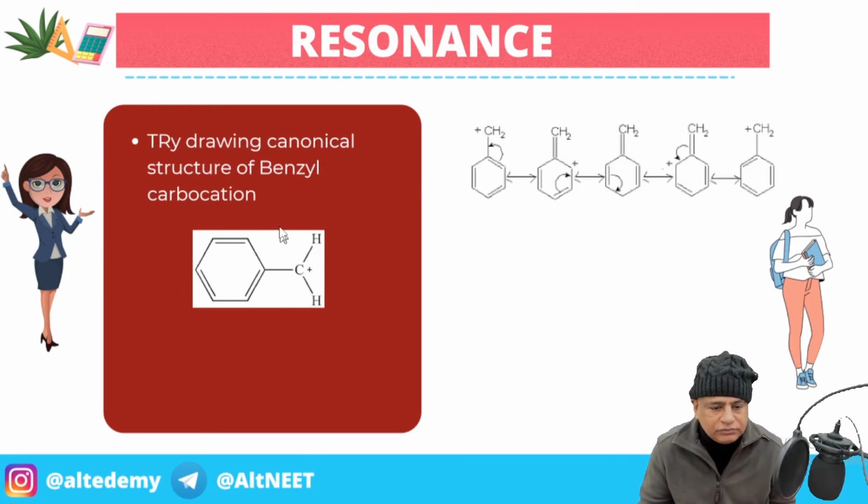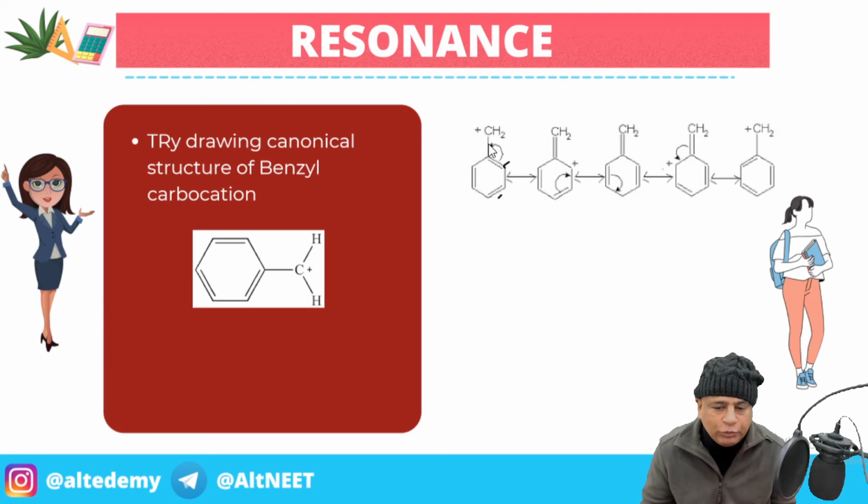Okay. We can draw the canonical structures of benzyl carbocation also. Look here, this is what is called benzyl carbocation. How are we drawing the resonating structures of various compounds? In benzene, we have considered there is a double bond here, double bond here, double bond here. We are talking about the static electron theory.